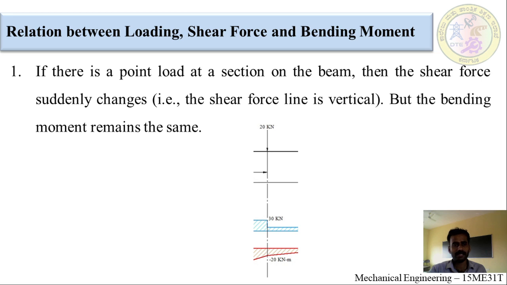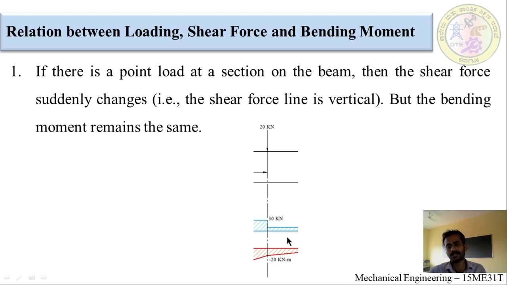Now we will discuss the relation between loading, shear force and bending moment. So how this variation of load, shear force and bending moment takes place. We have different cases. The first case: if there is a point load at a section on the beam, then the shear force suddenly changes. For example, we have a point load at this point.